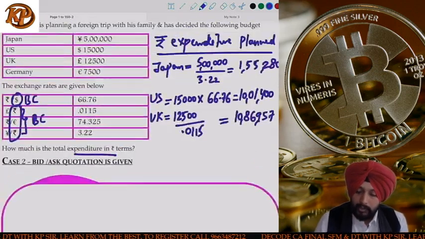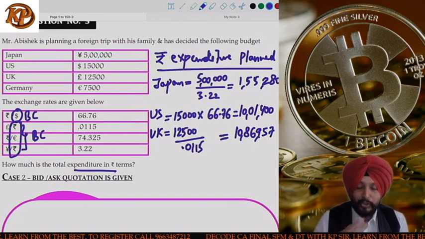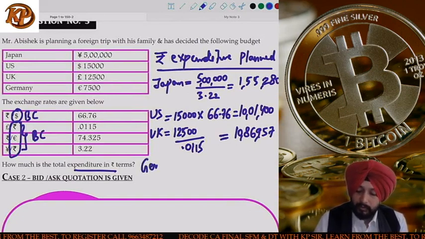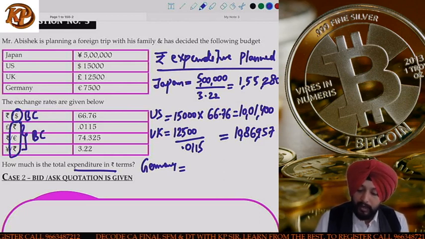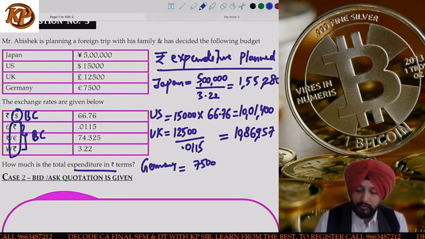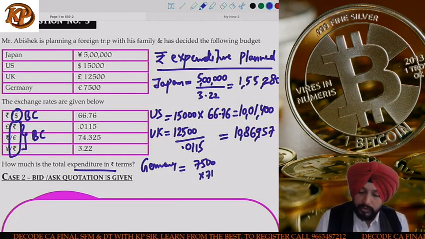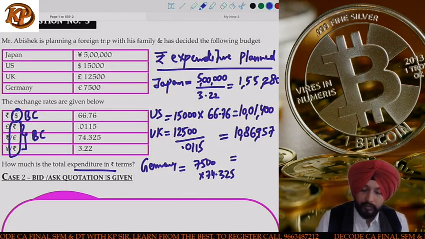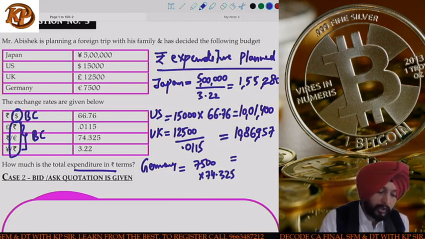And last is Germany. For Germany, we have euro 7,500, rupee per euro. Multiplication we have to do, guys. 7,500 into 74.325.